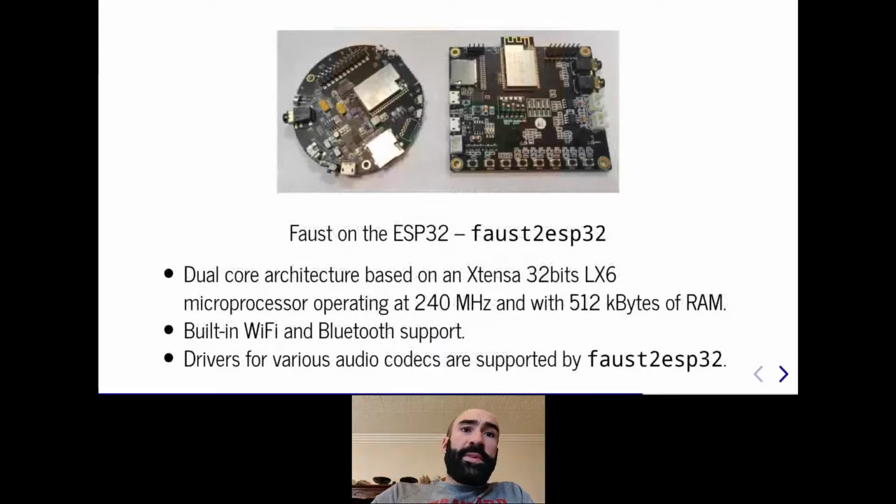Okay, then the ESP32 is a microcontroller designed and produced in China by Espressif. Its dual-core architecture is based on an Extensa 32-bits LX6 microprocessor operating at 240 megahertz and with 512 kilobytes of RAM, and also provides built-in Wi-Fi and Bluetooth support for an unparalleled price, only $3.